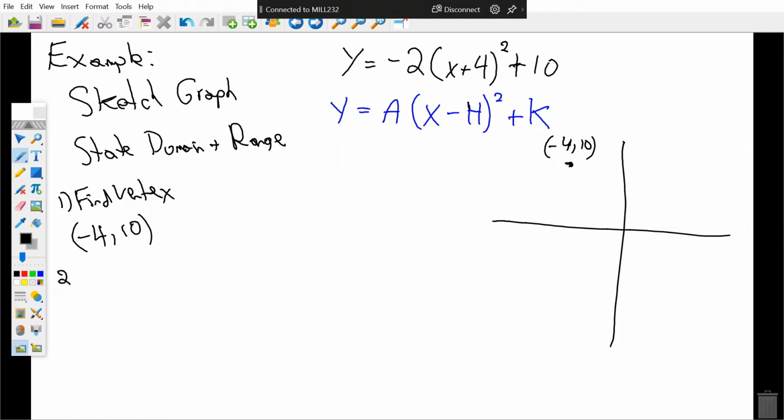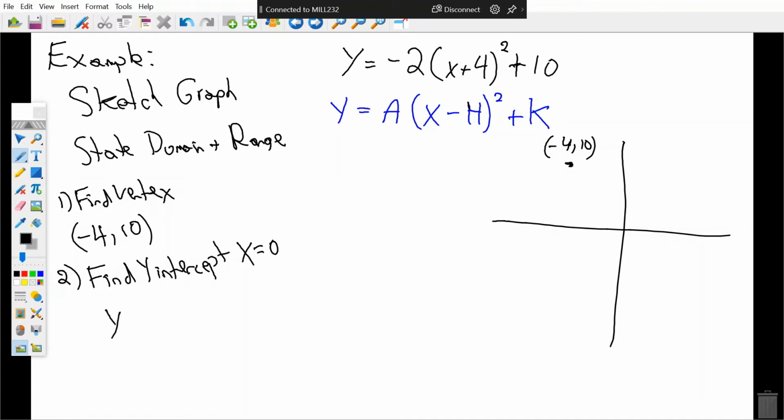Step 2 is to find the y-intercept. So to find the y-intercept of this graph, we're going to make x equal 0, and we're going to solve for y.